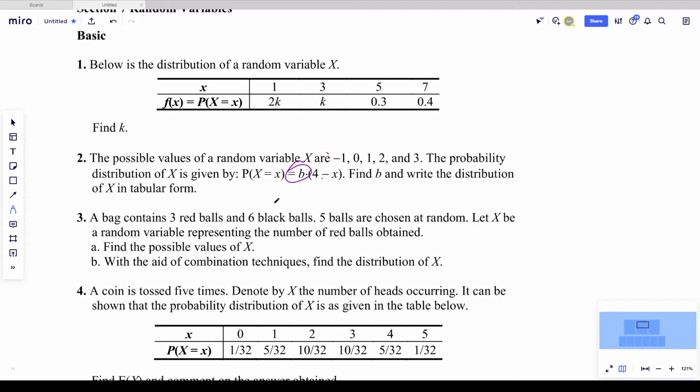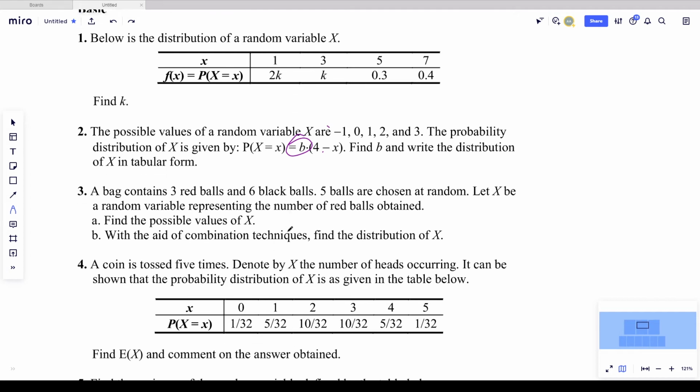Now, the only thing you don't know is b. What you do is the same thing as the previous one, you just add them up, this plus this plus this, in a table, and you equate to 1. That's how we solve for b, because you only have one unknown. Here they said put it in a tabular form, just put the probability under the x, and pretty much that's it.